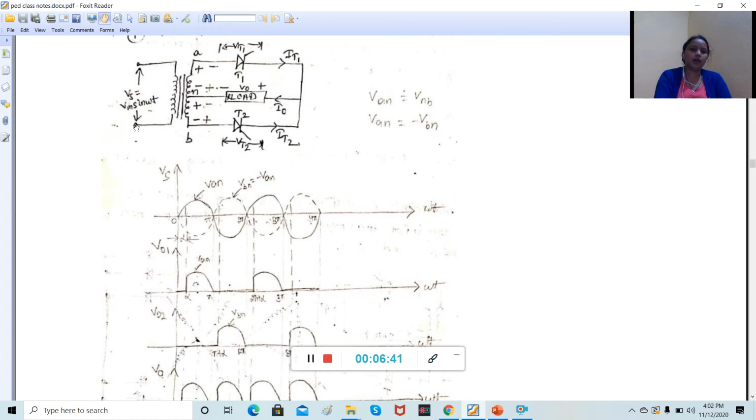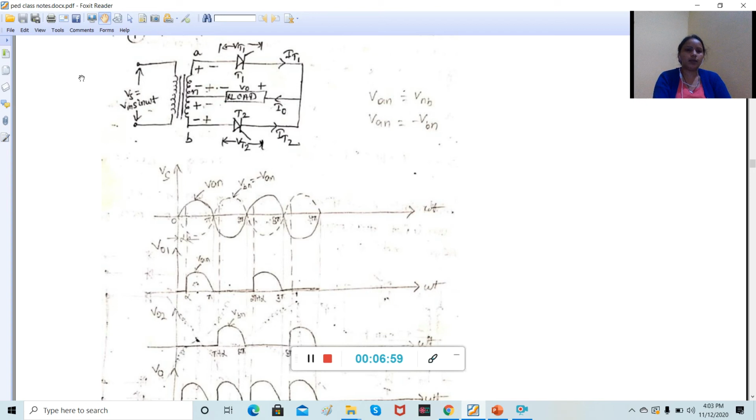When we apply the supply here, there is a center tap point in the midpoint of the transformer secondary side. That's why one part is AN, another part is NB. N represents the neutral point.